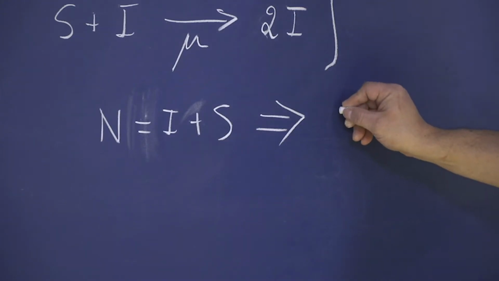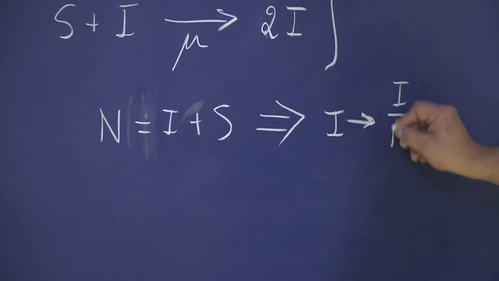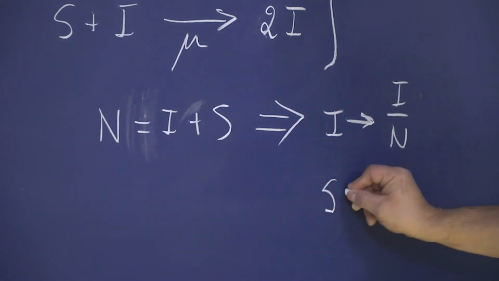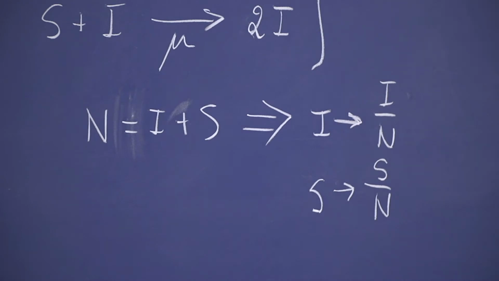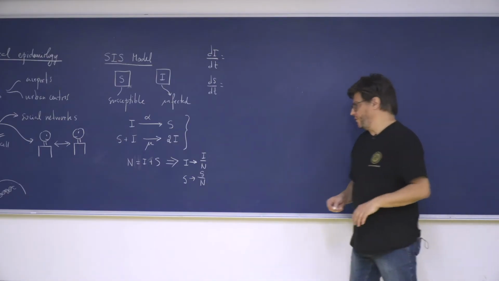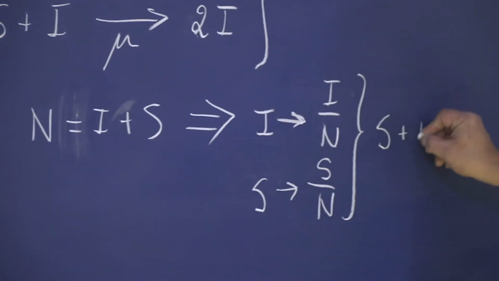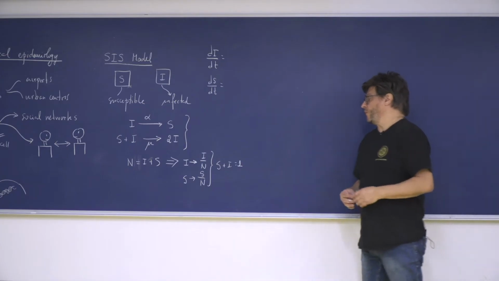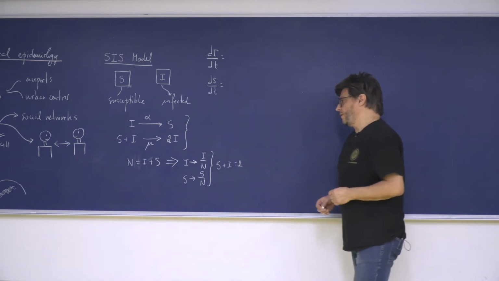So if I redefine I as the relative fraction and S as the relative fraction, I don't want to use other notation. In that case, S plus I equals 1, just a relative fraction. Very good. So I'm going to use this for writing down the model.